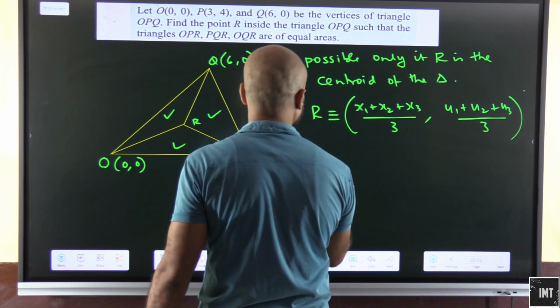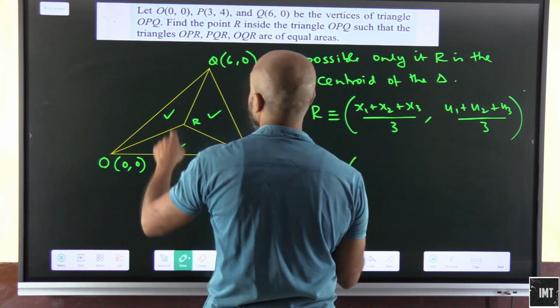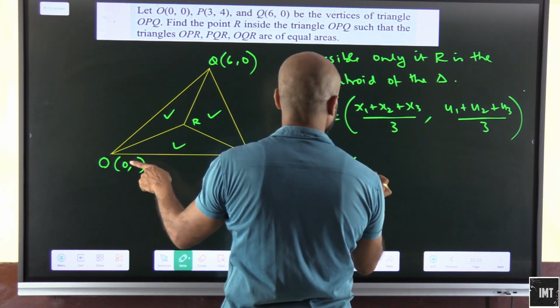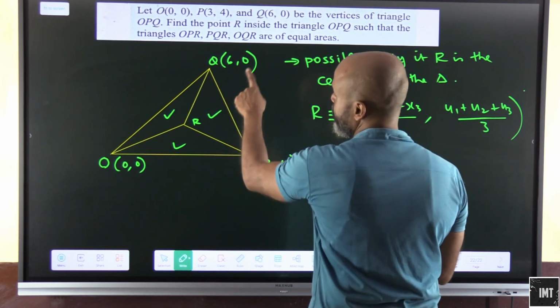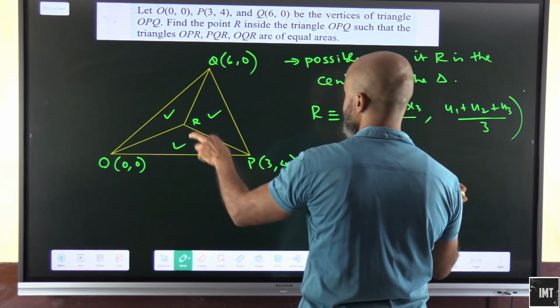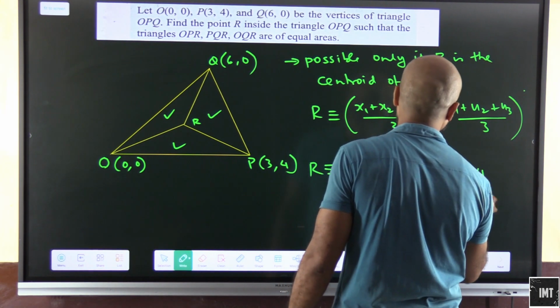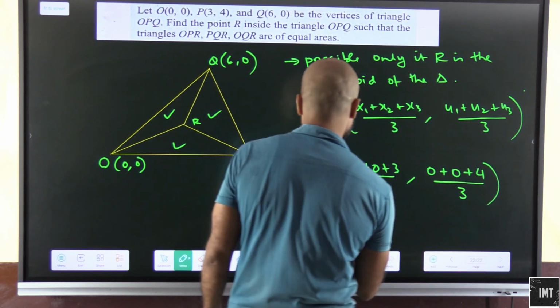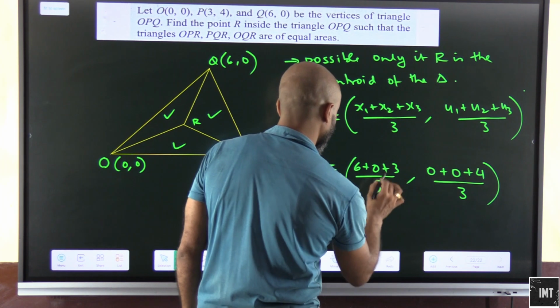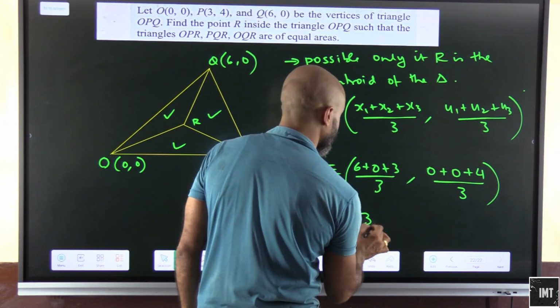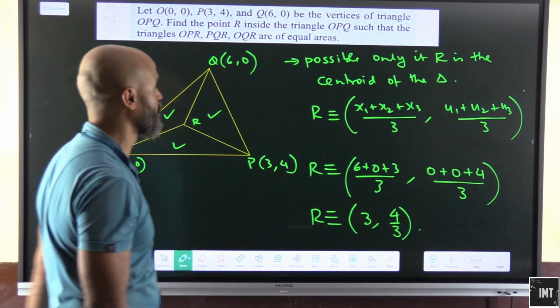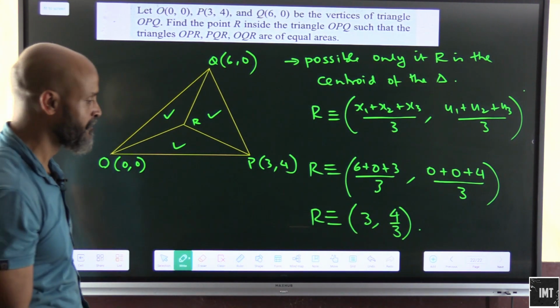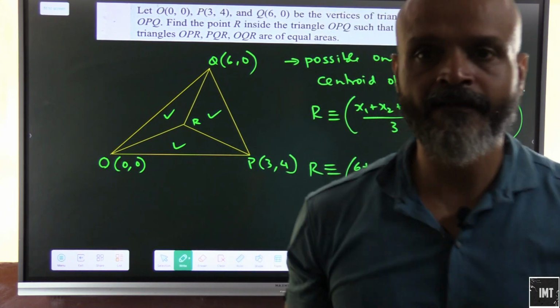So R will have coordinates (6 plus 0 plus 3) upon 3, and (0 plus 0 plus 4) upon 3. So this will be R: 6 plus 3 is 9, 9 upon 3 is 3, and the y coordinate is 4 by 3. So R as a centroid will have these coordinates. Okay, so that would be it for today.